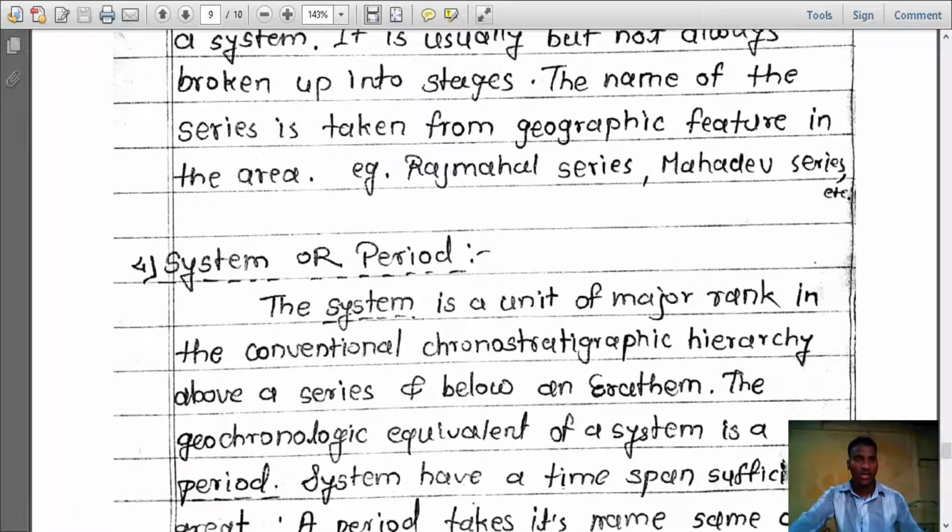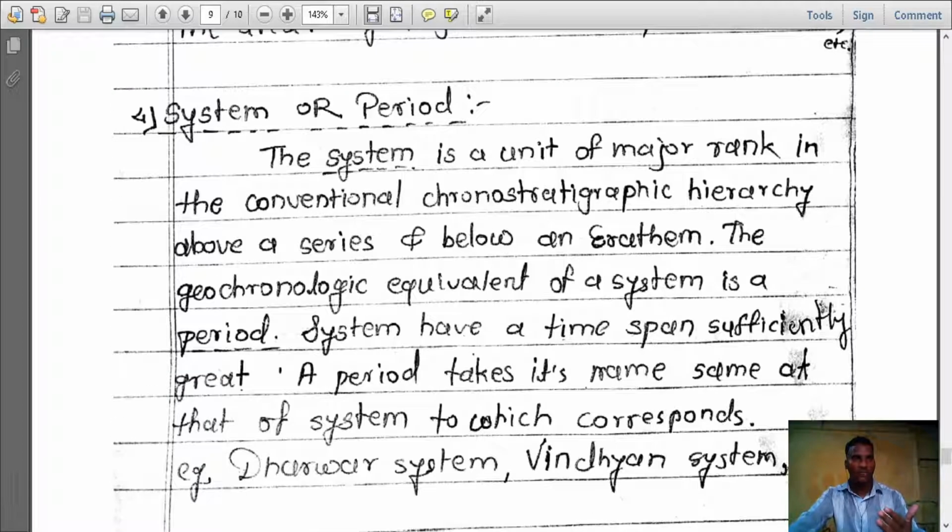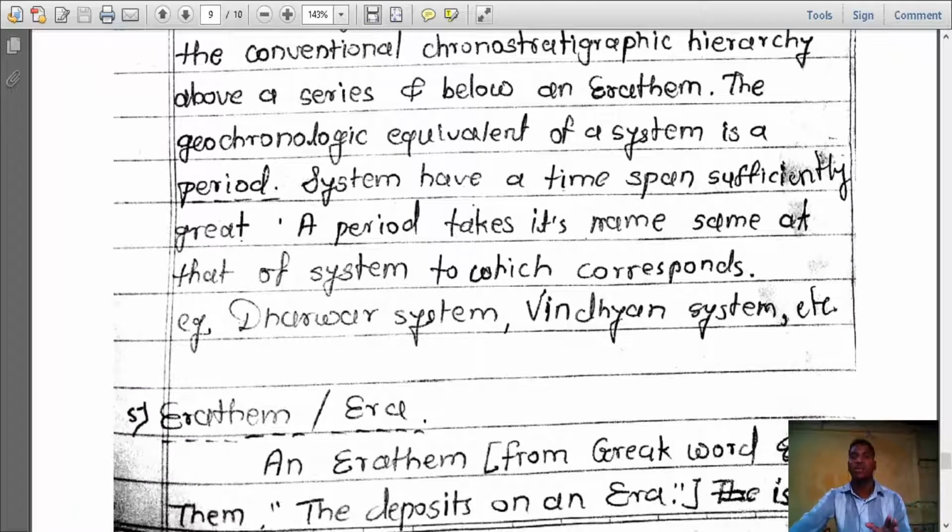System or period. The system is a unit of major rank in the conventional chronostratigraphic hierarchy, above a series and below an erathem. The geochronologic equivalent of a system is a period. Systems have a sufficiently great time span. A period takes the same name as the system to which it corresponds. Example, Dharwad system.